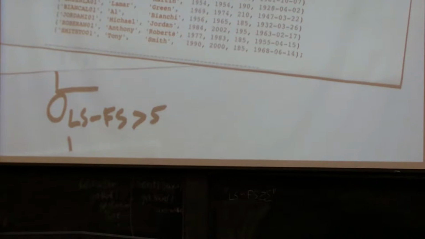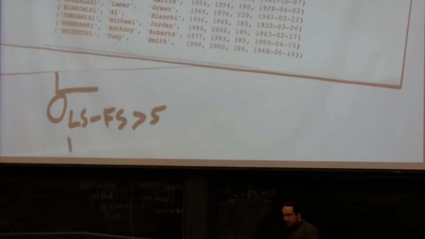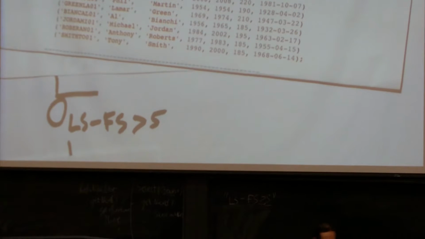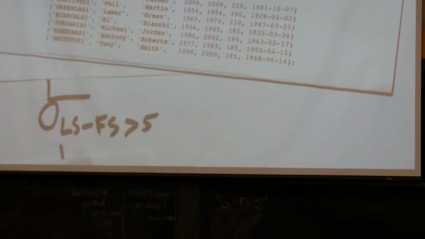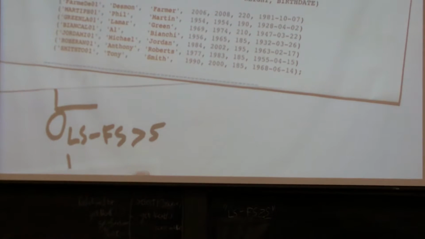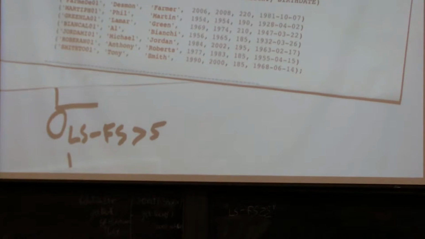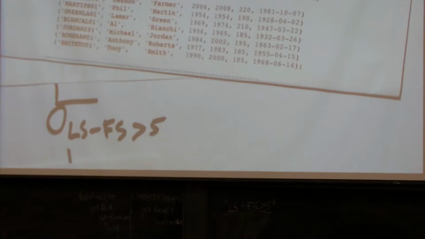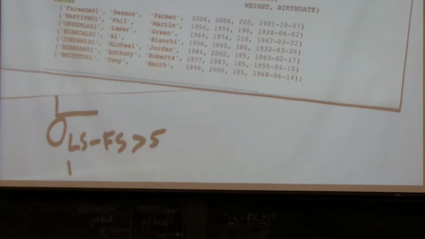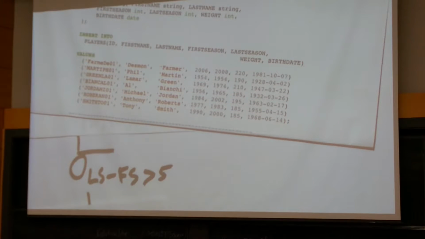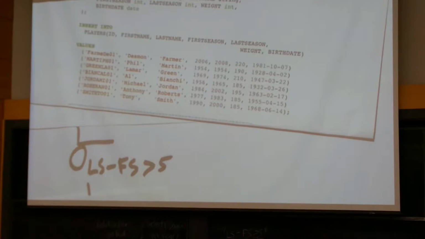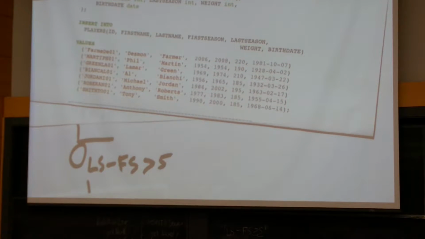All right, but at any rate, let's say that we plug in some numbers for our data here. We call getNext on our input. We get Farmer DE 2006, 2008. The expression evaluates to false.